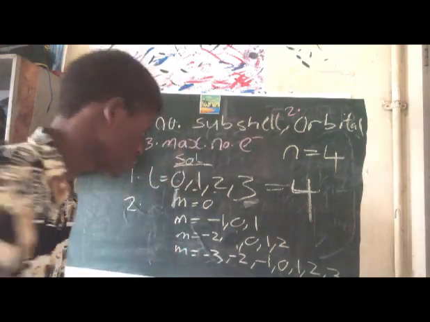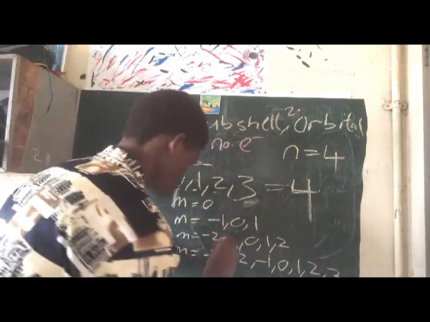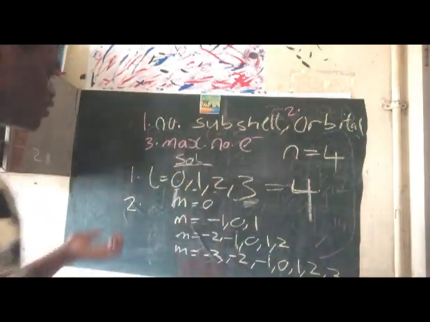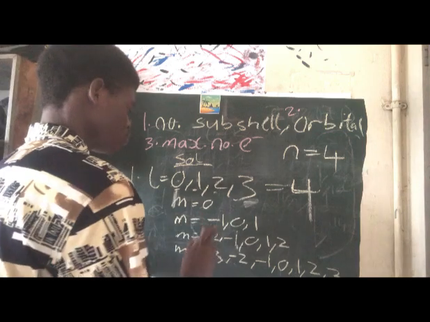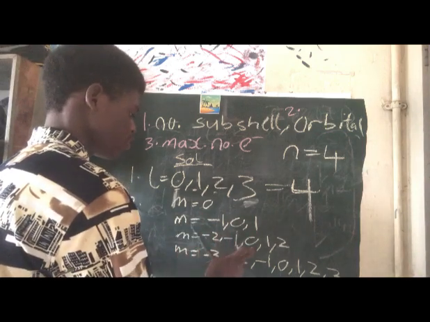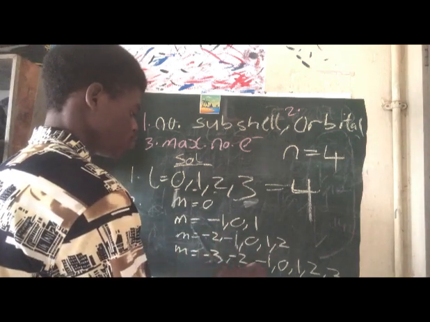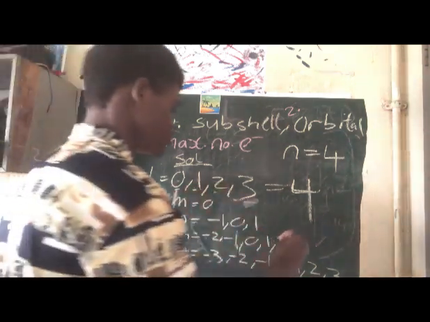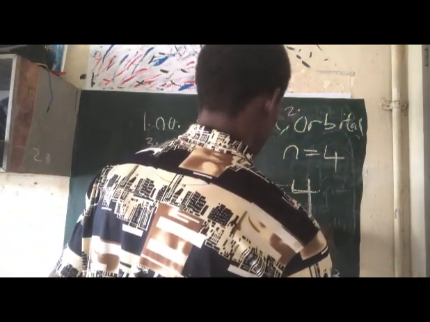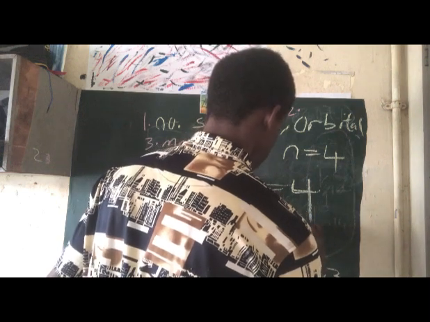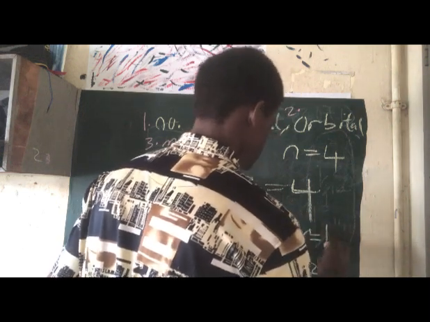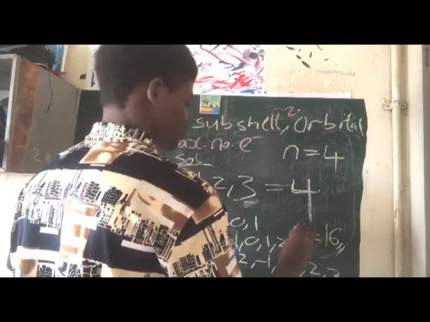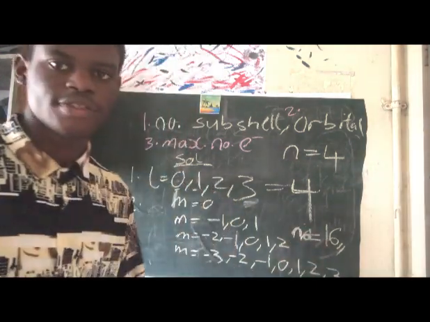That will be 1, 2, 3, 4, 5, 6, 7, 8, 9, 10, 11, 12, 13, 14, 15, 16. So the number of orbitals is 16 orbitals.